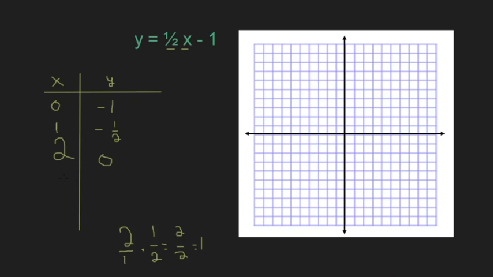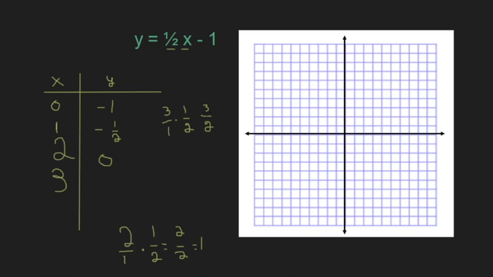Let's do another one. Let's say x is equal to 3. What's 3 times 1/2? 3 is the same thing as 3 over 1, times 1/2. 3 times 1 is 3, and 1 times 2 is 2.